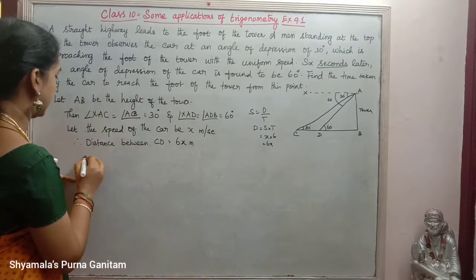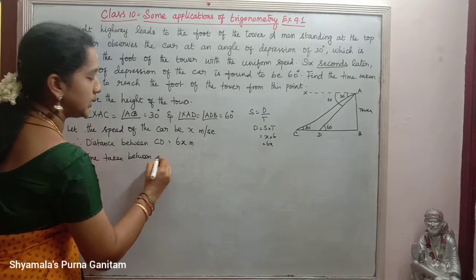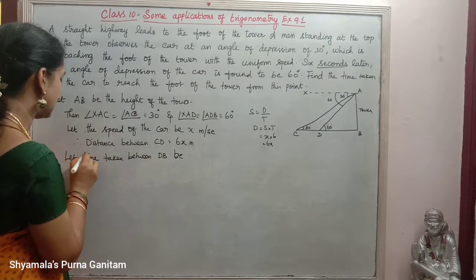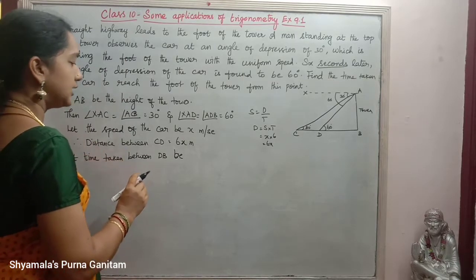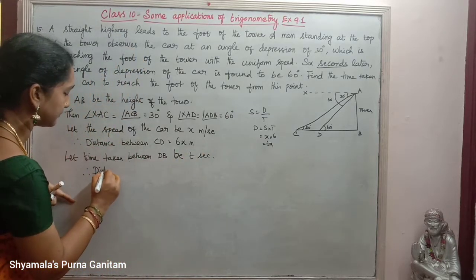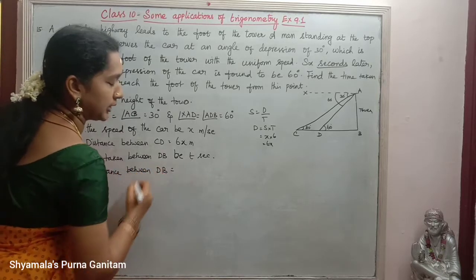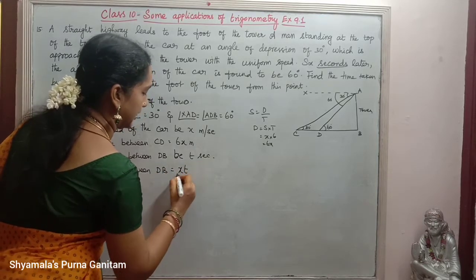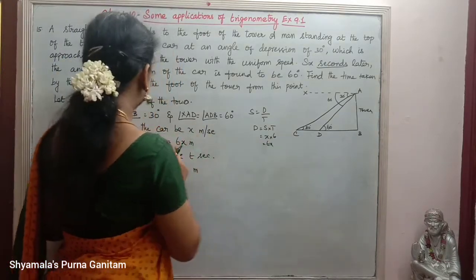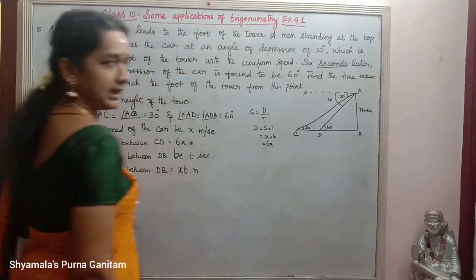Therefore, the distance between DB is equal to speed into time taken, xt meters. So the distance CD is 6x and the distance DB is xt meters.